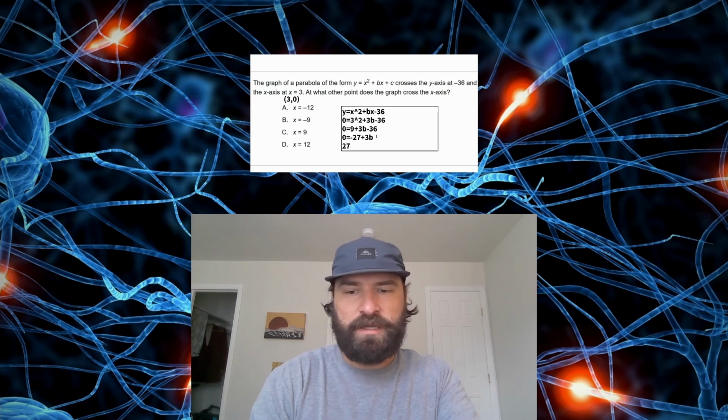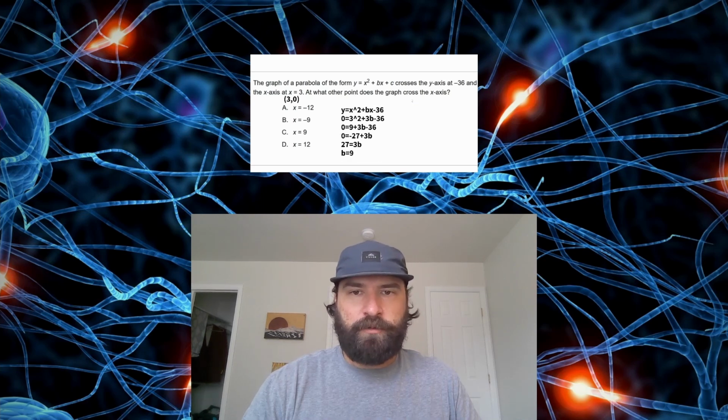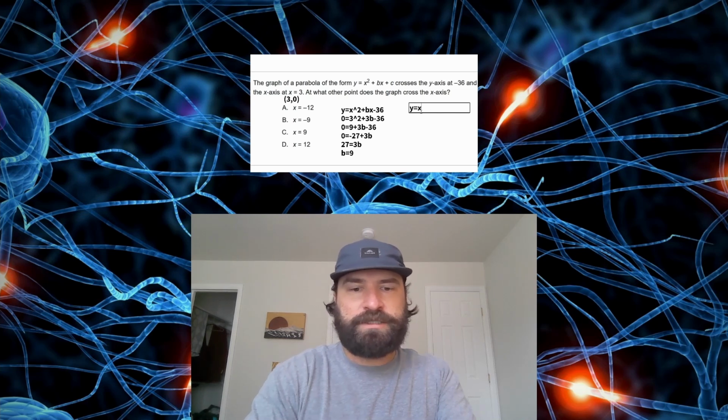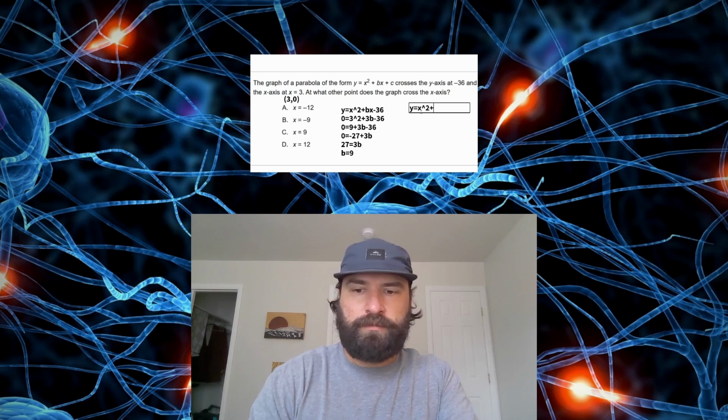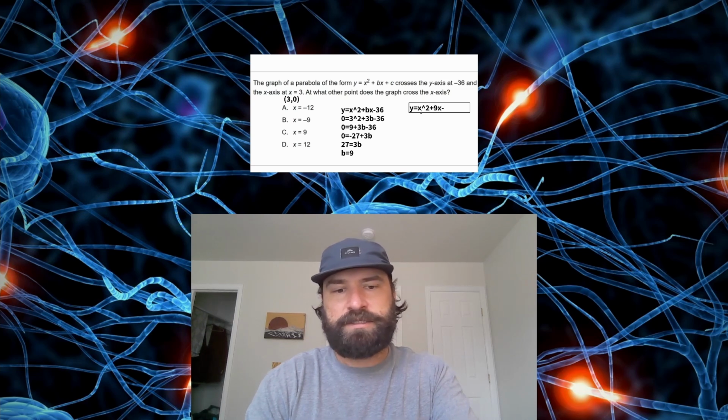So 27 equals 3b. Dividing by 3, b is going to equal 9. So now we have our entire equation, b value included, which can be represented by y equals x squared plus 9x minus 36.